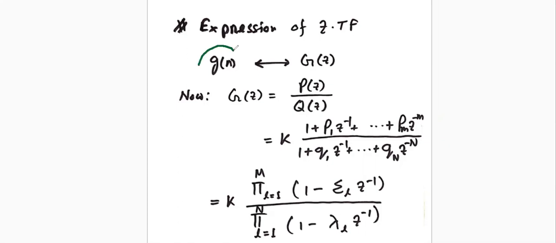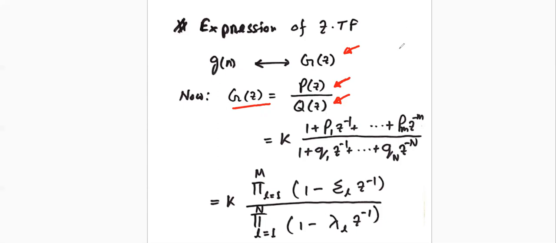So if we have y[n] in the time domain, if we do the Z transform, we'll get the Z transform value in the Z domain. Any discrete system can be represented with a function of numerators and denominators, both of which have Z transforms.